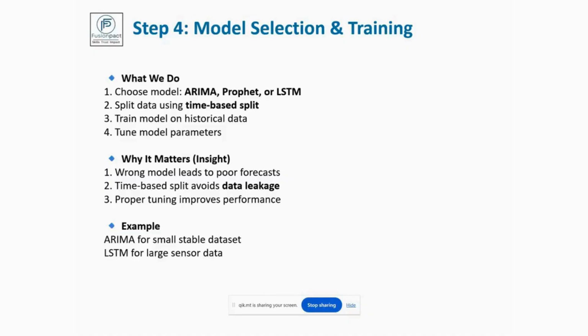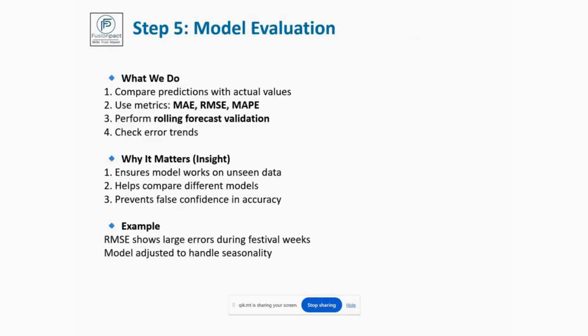Then for step five, after training, we evaluate the model. We compare the predictions with the actual values using metrics like MAE, RMSE, and MAPE, and use rolling forecasting validation.